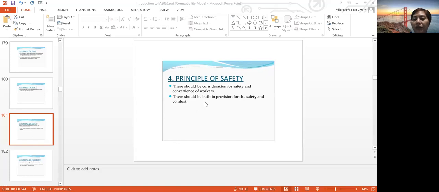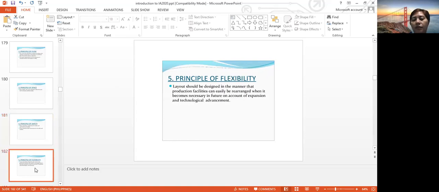There should be built-in provision for safety and comfort. They will not feel that the working area is a place that will make them burn out, or make them super stressed. So the ambience should look like that.